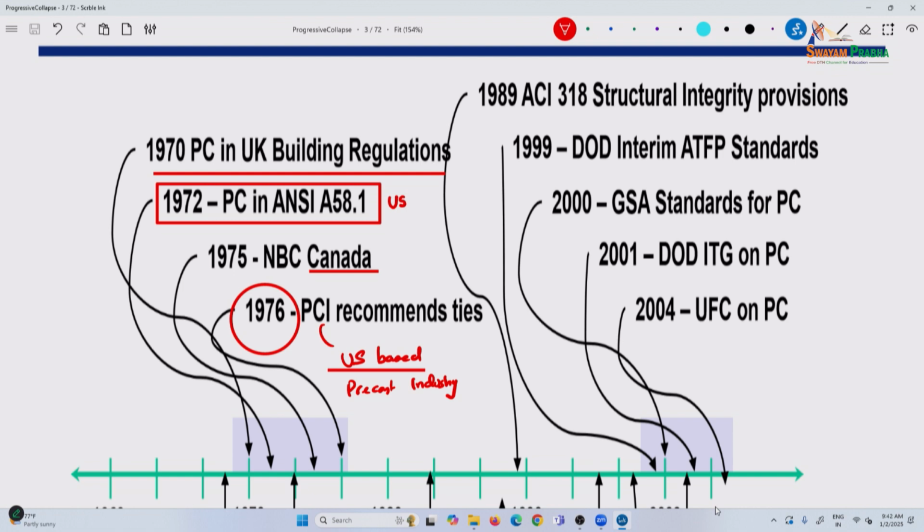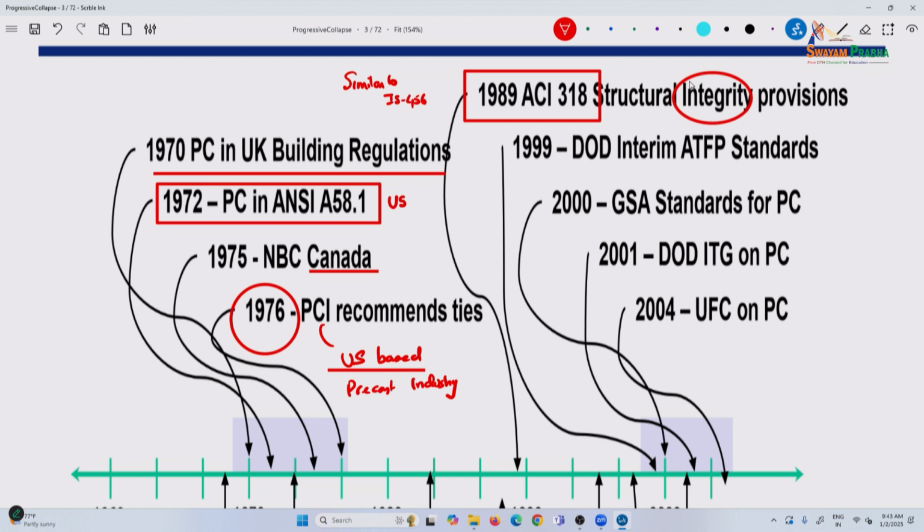And in 1989, ACI 318, which is our US structural code for concrete design, similar to IS 456, had some structural integrity provisions, but they were quite minimal.